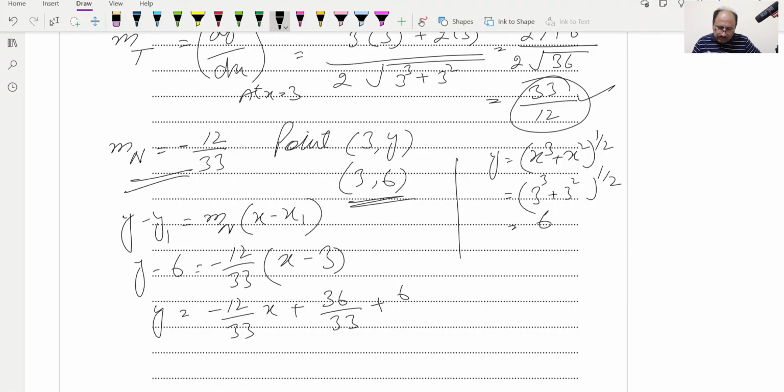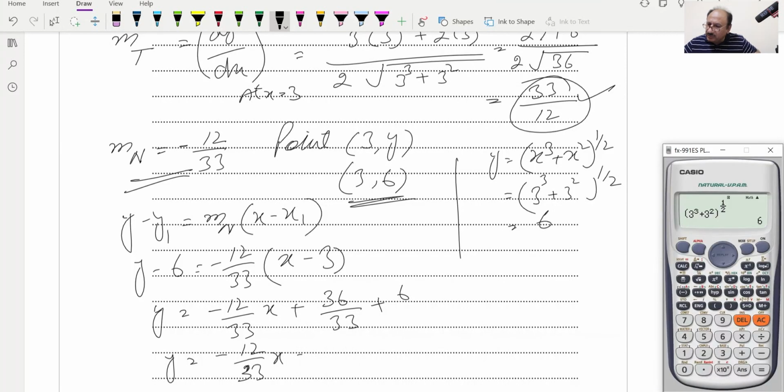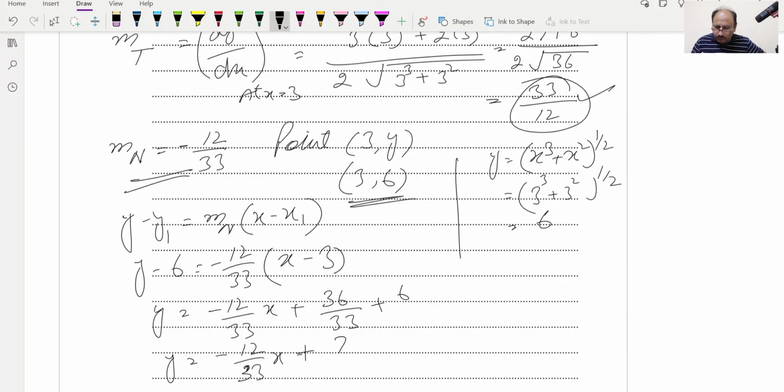So we can rewrite y is equal to minus 12 over 33 x plus 36 over 33 plus 6, which is 78 over 11, so plus 78 over 11.